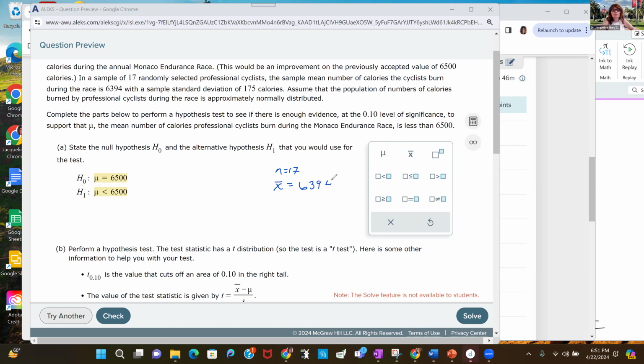The sample standard deviation is 175. And of course, mu is 6,500. And alpha is 10%.